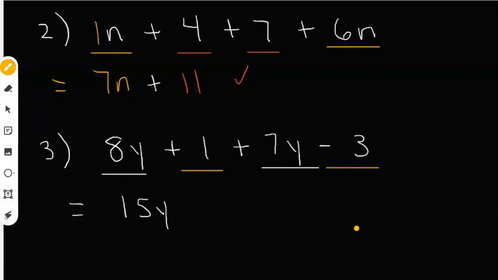You can also think about it as 1 minus 3. -2. Yep. And we're done. Okay, let's do 2 more and then we'll try the classwork.